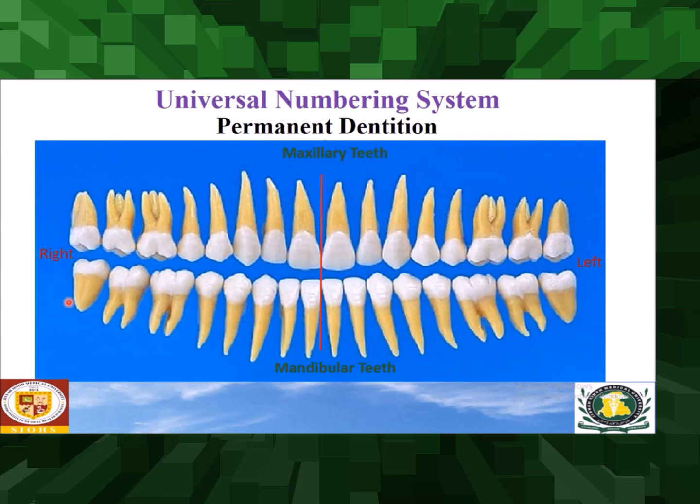Now we will do exercise of the universal numbering system on the permanent dentition. So this tooth is a right maxillary canine. This is a pointed tooth, that is a canine, and it's the right maxillary canine. So in the universal numbering system, this tooth is numbered as number 6.